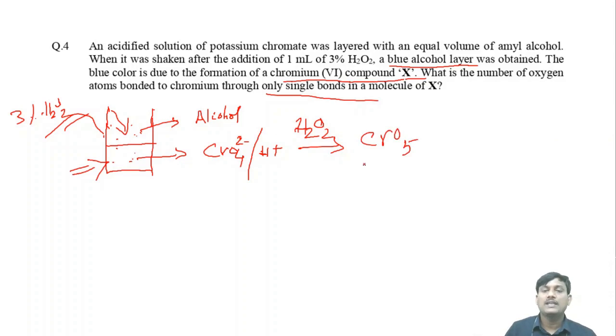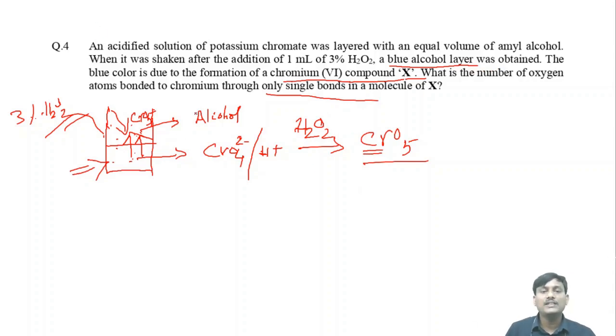This compound is very unstable in aqueous medium, so these molecules will diffuse into the alcoholic layer. Due to CrO5 in the alcoholic layer, you can find a blue alcohol layer. The color of CrO5 is blue.